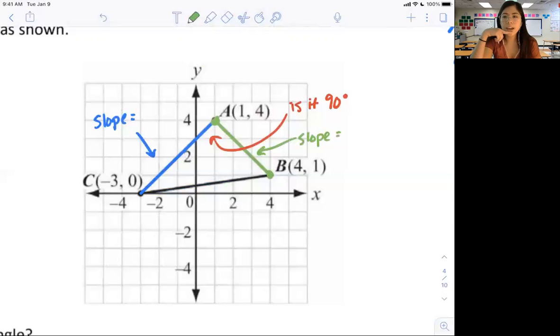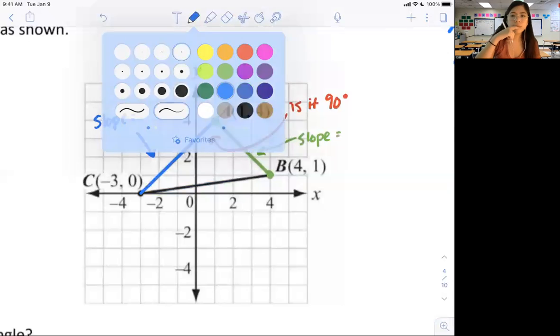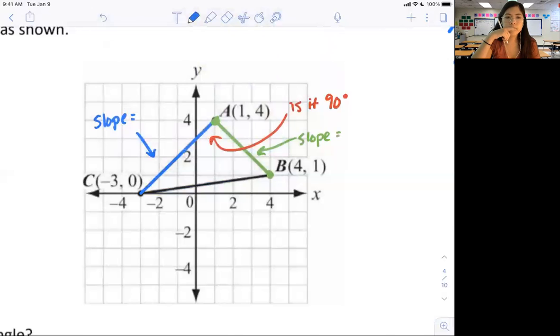So starting with CA, let's do rise over run. What is my slope of CA? One over one. Just one.